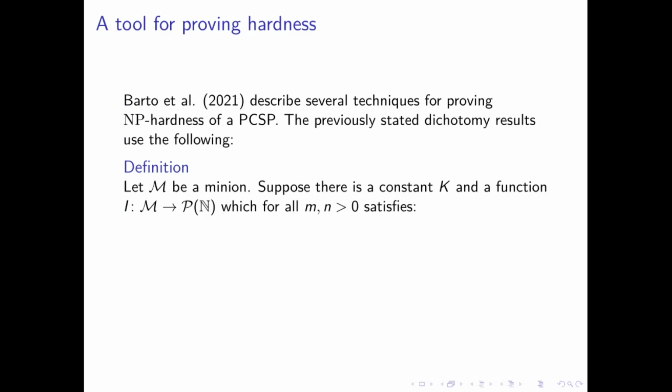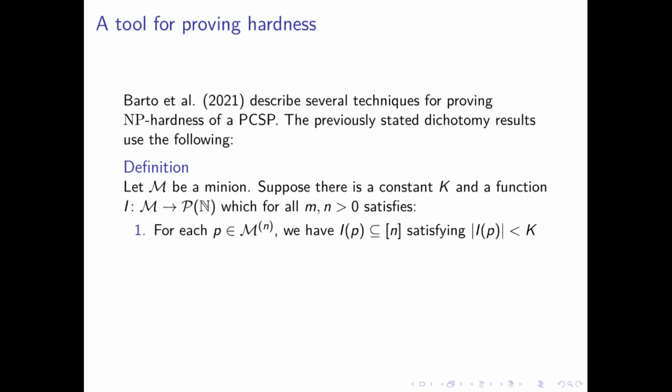If you have a minion and a constant k, this function I will take polymorphisms from that minion and select coordinates from that polymorphism. So P is an n-ary polymorphism here. I will take some subset of the arity n.